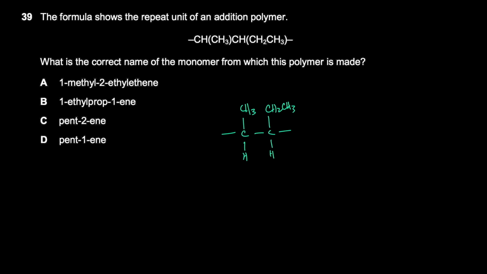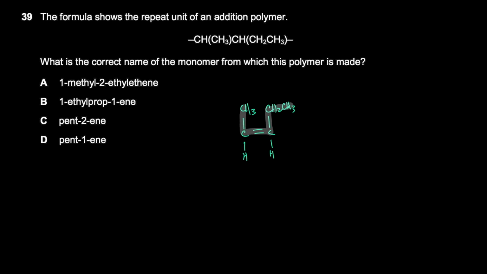Since you want to know the name of the monomer, you first get rid of the continuation bonds, right? We draw the monomer by putting a double bond between these 2 carbons along the main chain of the polymer. And then over here we have a 5 carbon chain. We have 1, 2, and then 3, 4, and then 5.